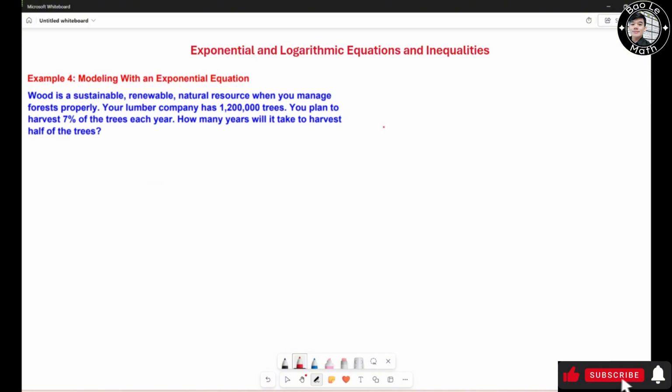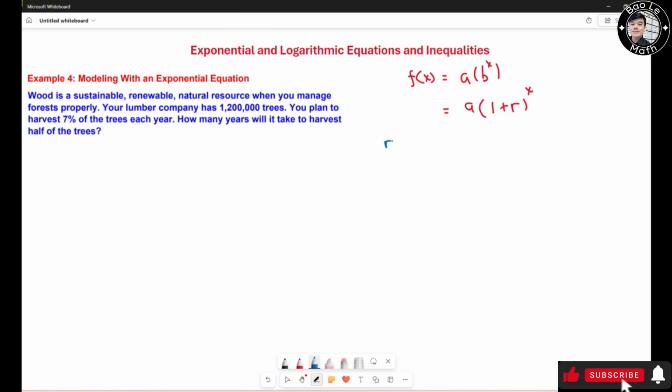Now we have the exponential function formula. It's going to be f of s equals a times b raised to the s. This is the same thing as a times 1 plus r raised to the s.